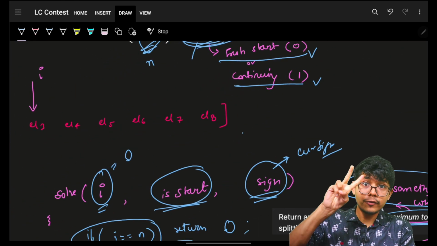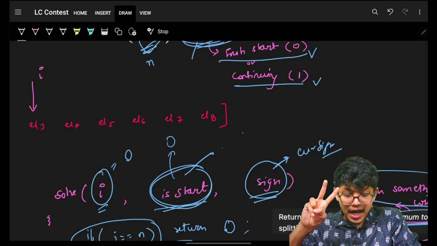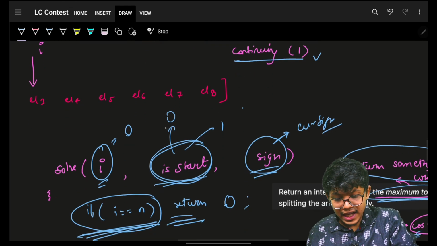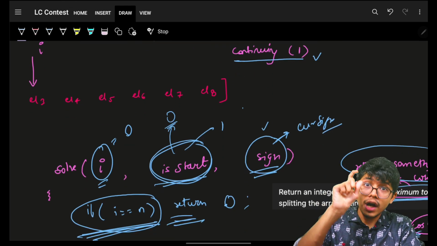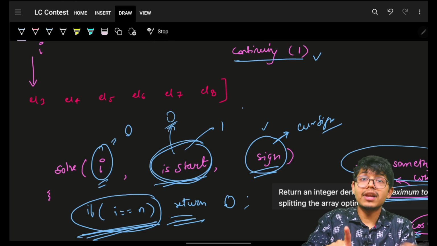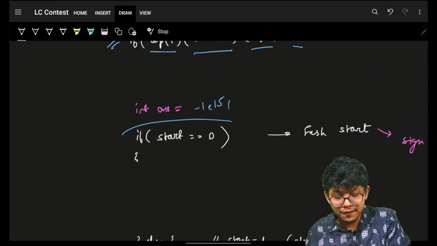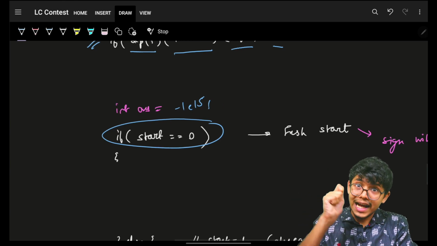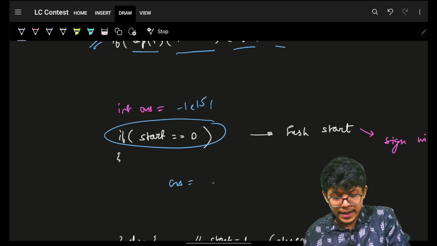Now, what all cases we can have? I showed you we have two cases only: when the start is afresh, or when the array is continuing. If the start is afresh, I will have to take this element and will have to take a sign as positive. So I will have to take the element which is nums of I, and I have to maximize my answer.